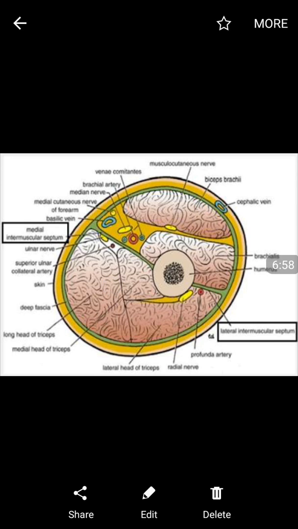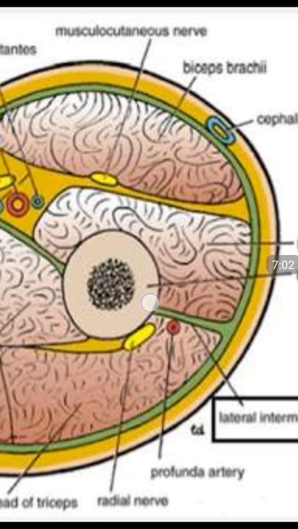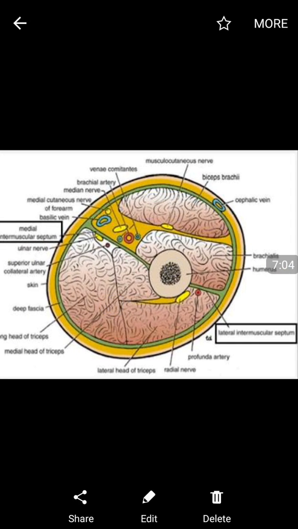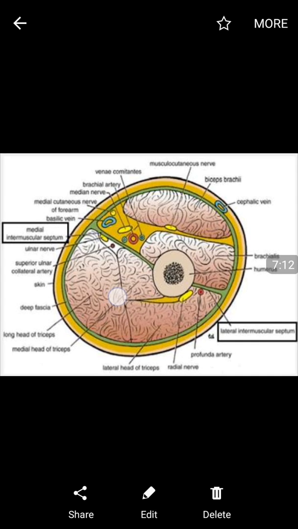So again, a quick summary: circumferential layer, intermuscular septa, bone, and then neurovascular bundles. Bleeding will occur in this compartment, and that would lead to increased pressure within the compartment.